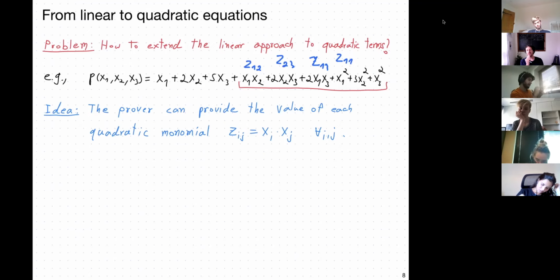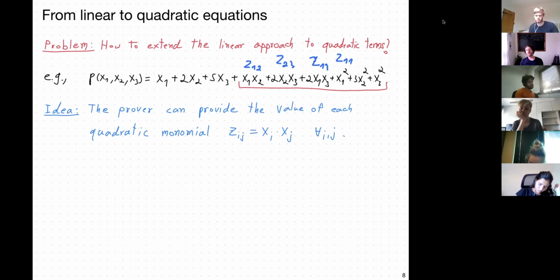So what's missing? Why is this not enough? Why can't the prover just give me these values and I do the previous protocol? One thing which is missing: the prover can lie. If he gives z_ij, it doesn't have to be consistent with some other z_ik, for example. Exactly. As Shafik, Wilfred and Ilah said, overwhelmingly, the problem is consistency.